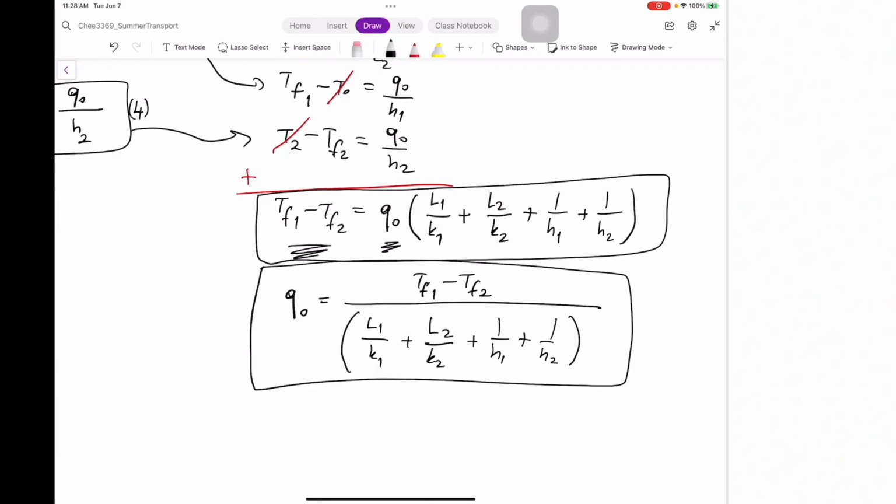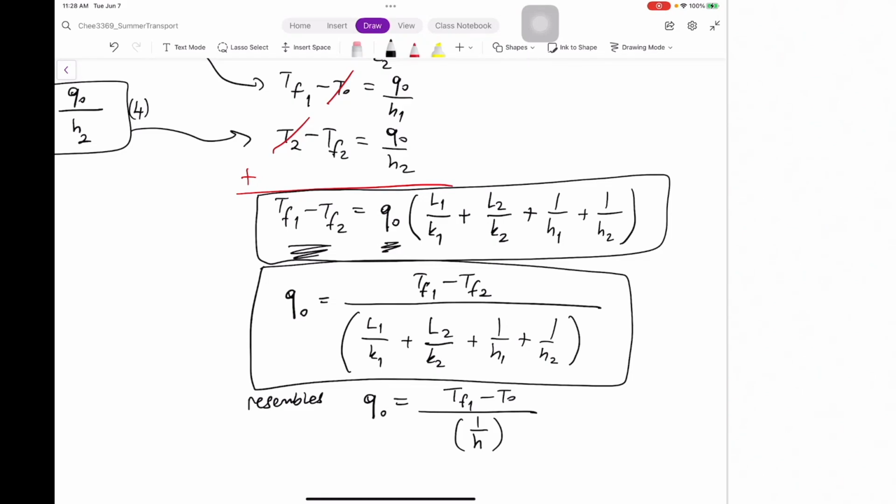Okay, so there's something new that we actually learned here. This equation looks like our Newton's law of cooling, right? Newton's law of cooling resembles Q0 is equal to TF1 minus T0 divided by 1 over H, right? I just make it look like this above formula, correct?